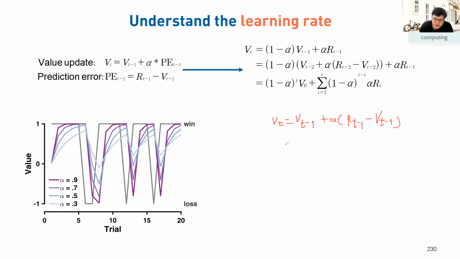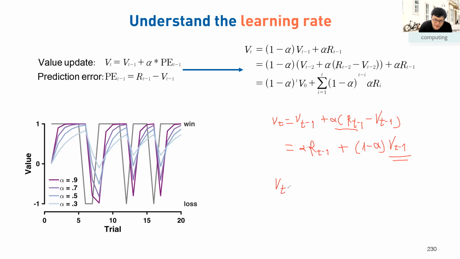We can change this a little bit to alpha multiplied by the reward at t minus 1, plus 1 minus the learning rate multiplied by V of t minus 1. This is just to group the variables, like from earlier arithmetic you learned in school. Nothing really fancy here.